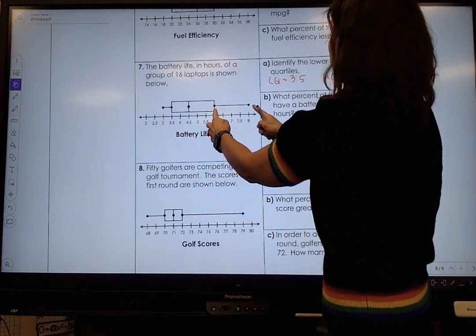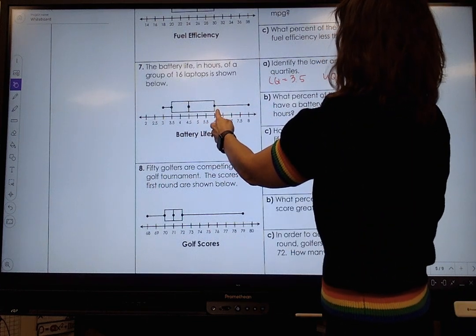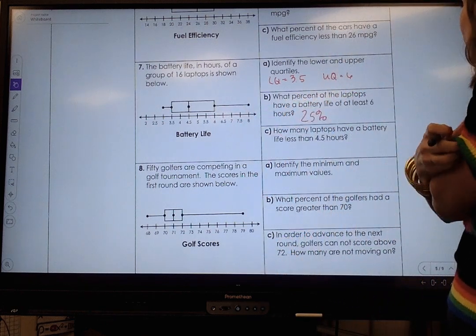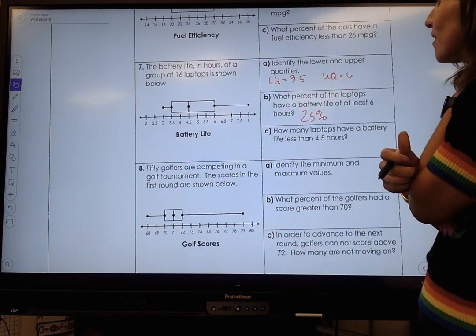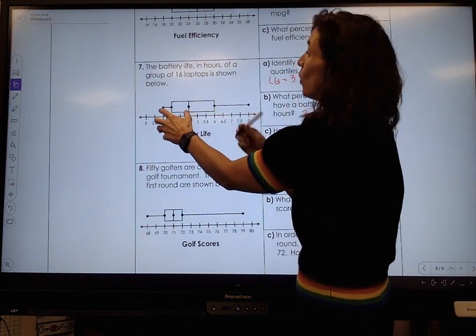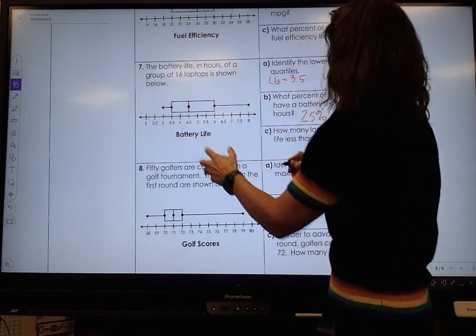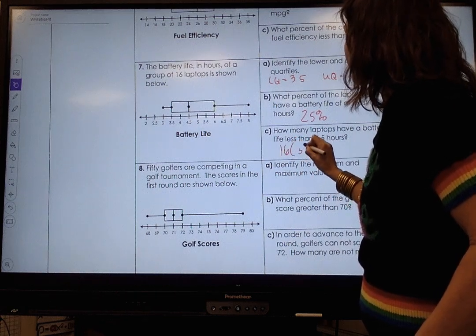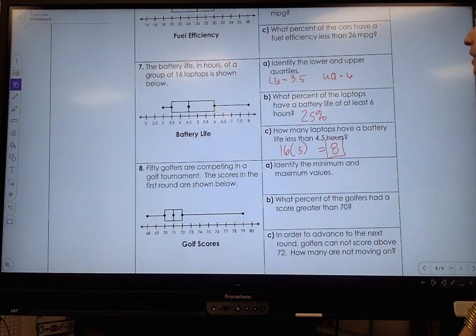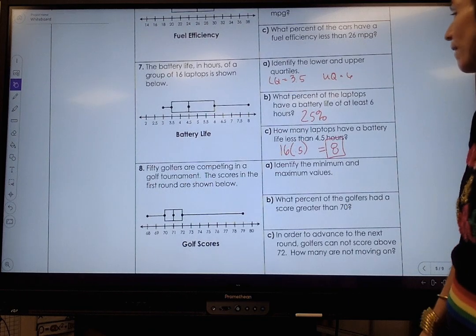So 6 and above is 25% have a battery life of at least 6 hours. And then how many laptops have a battery life less than 4.5? Well, that's 50% of the population. There are only 16 laptops. So half of 16 is 8. 8 laptops have a battery life less than 4.5.